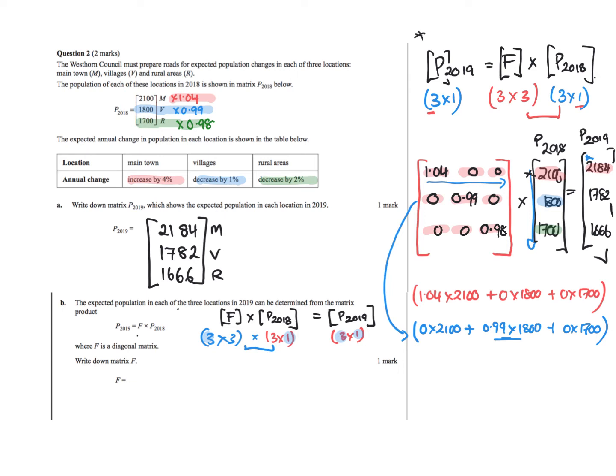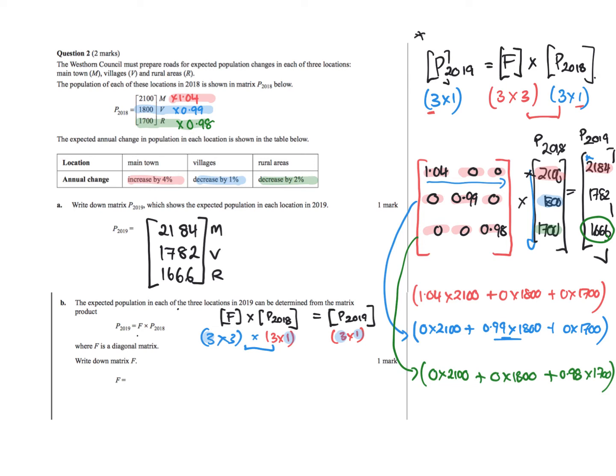If I just showed you how that came about, it would have been 0 times the 2100 plus 0 times the 1800. That's not going to influence, that's just going to be 0. And then finally I'll have 0.98 times the 1700, and that will show that. So that's how that works.